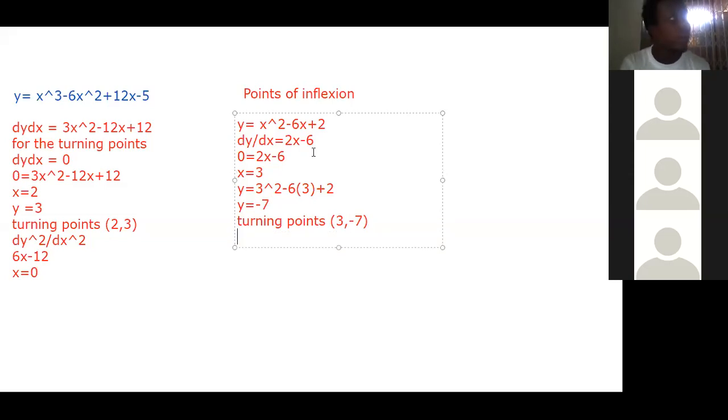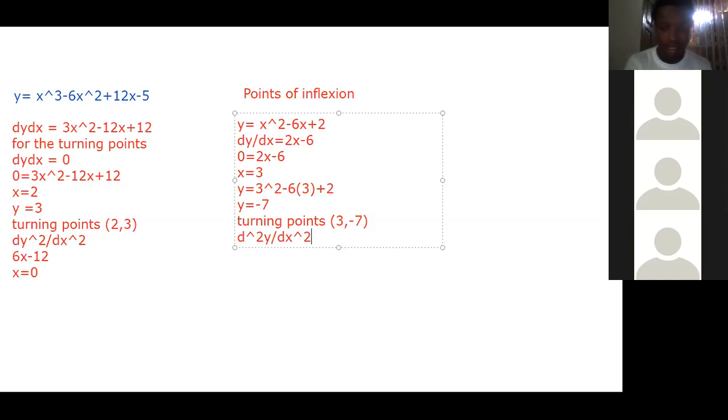Now from here, we have to find the nature of the turning point. To find the nature of the turning point, we have to find the second derivative of it. So find the second derivative, d squared y all over dx squared.